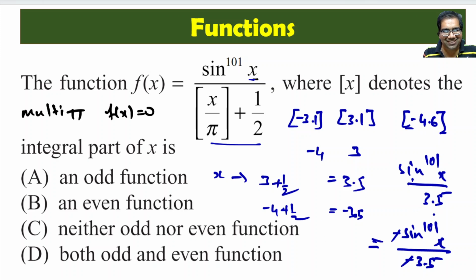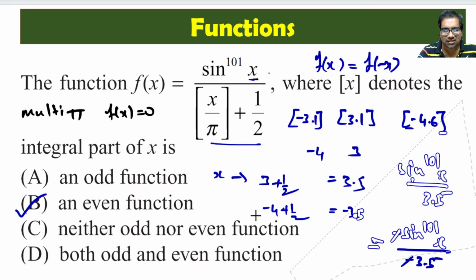Fantastic result, right? So f of x, basically what we have figured out, is equal to f of minus x whenever x is not a multiple of pi. So that means this is an even function.